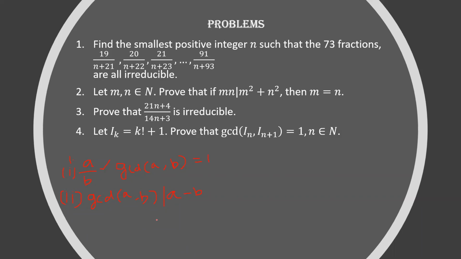So A minus B is nothing but D times some integer. D will obviously divide D times any integer. Hence GCD of A comma B divides A minus B. This should be the second idea which will ring in your mind.